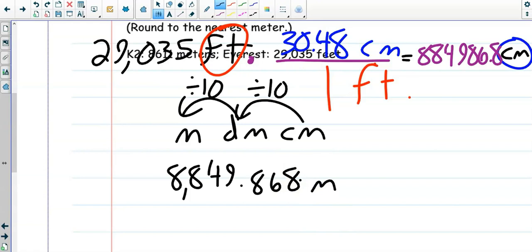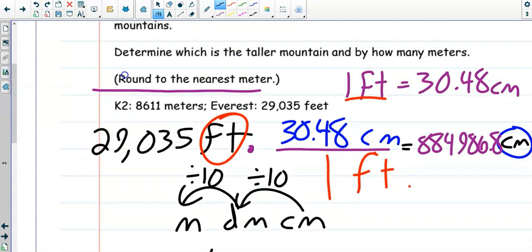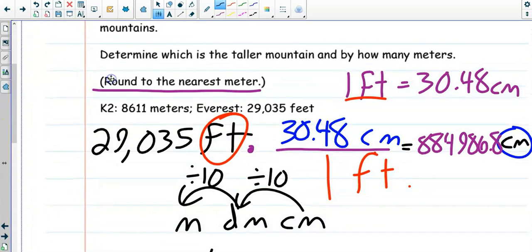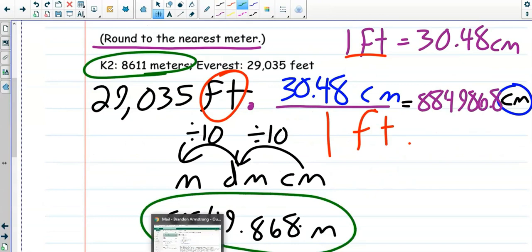So now we can talk about who's bigger. Let me move this back up so we can see things. Here is K2, 8,611. Here is Everest, 8,849.868.